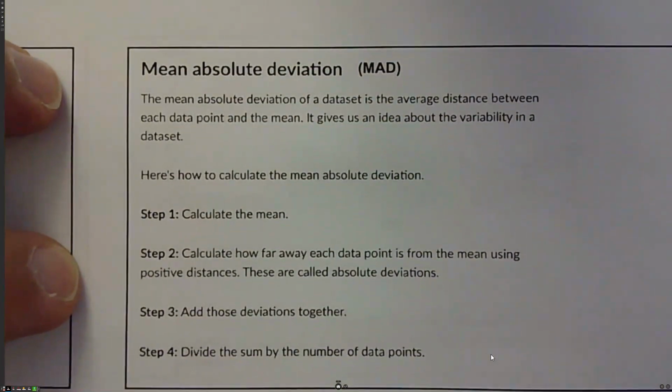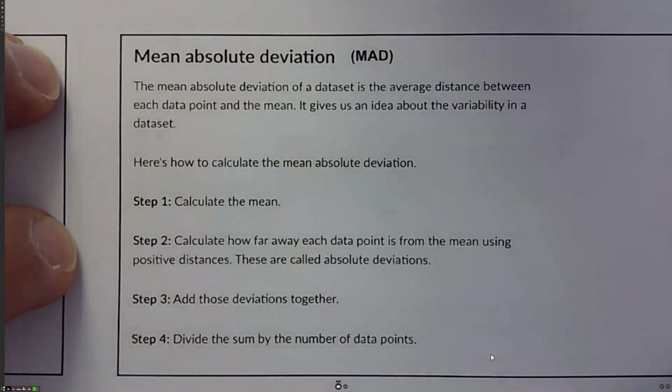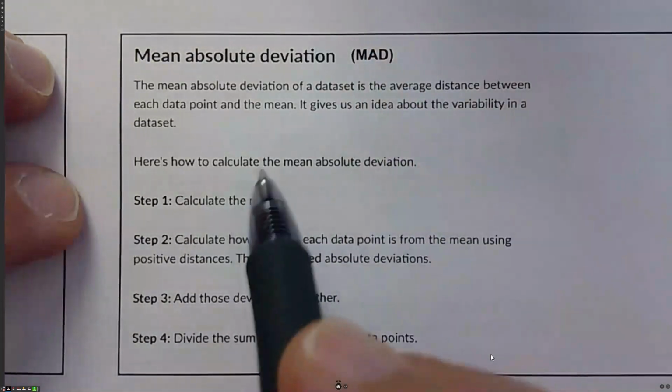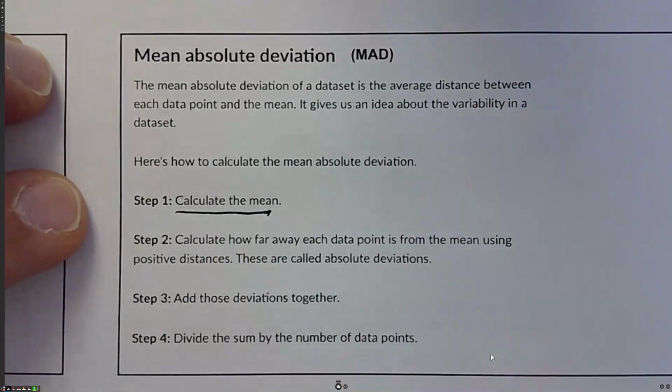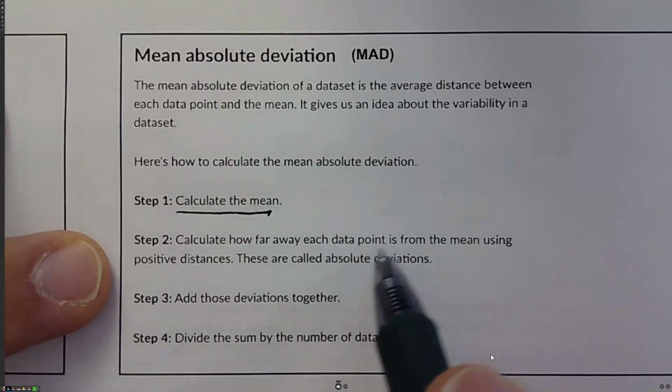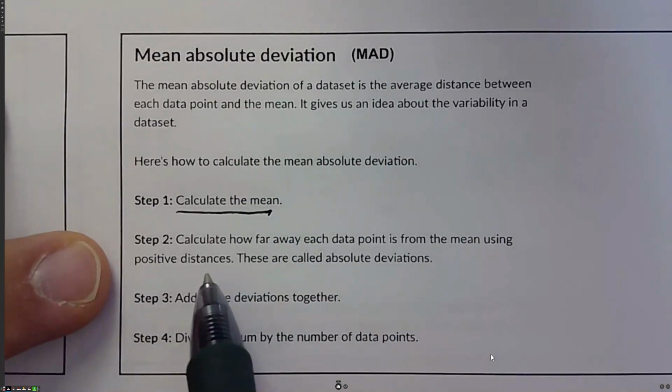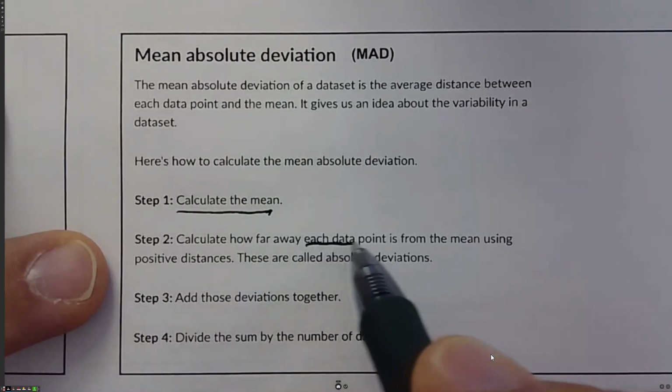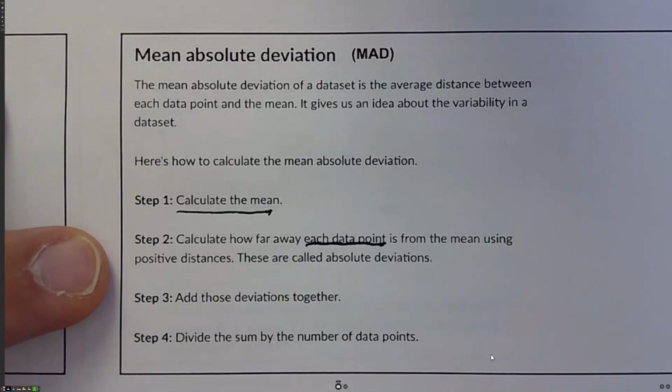So, what is the MAD? The MAD is the average distance each data point is away from the average. What do I mean? We're going to calculate the average, or the mean. Then I want to figure out how far away each data point is from that.